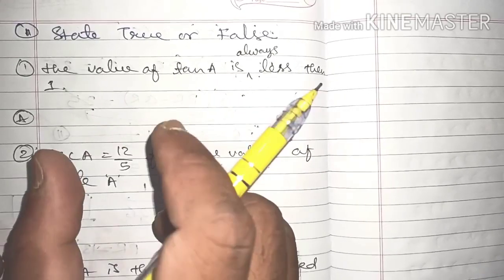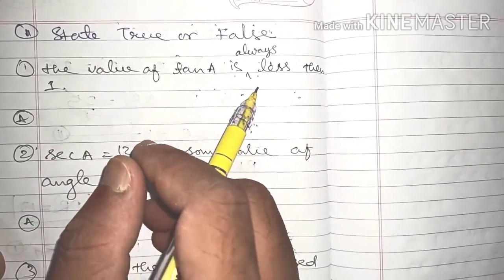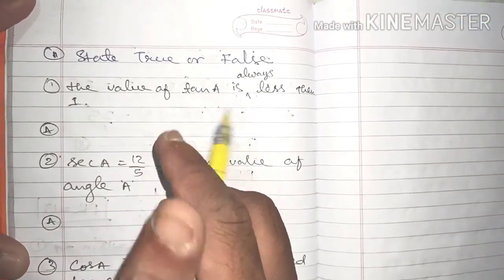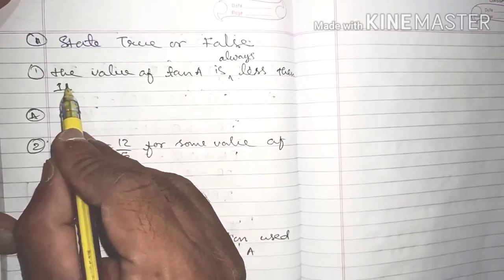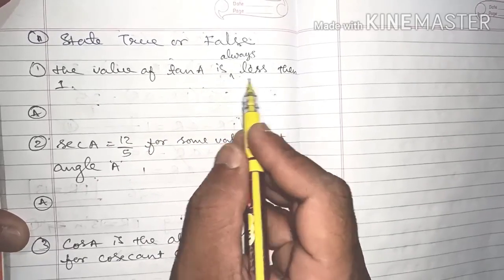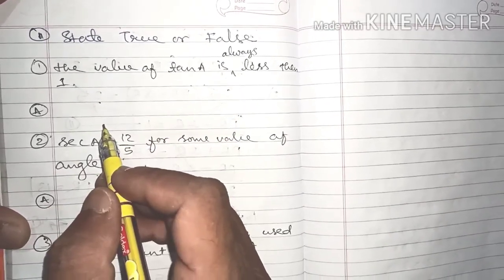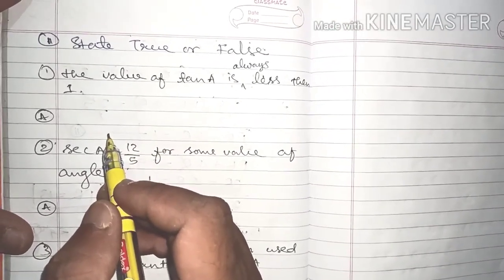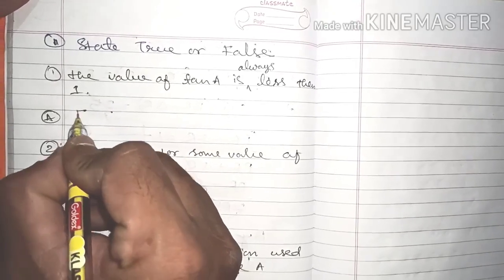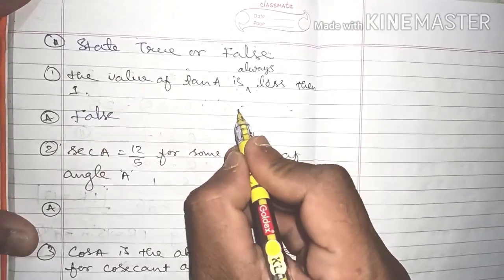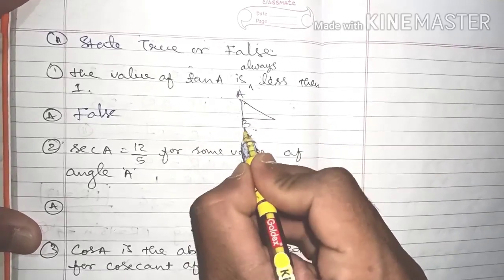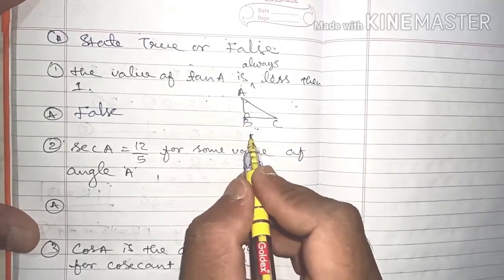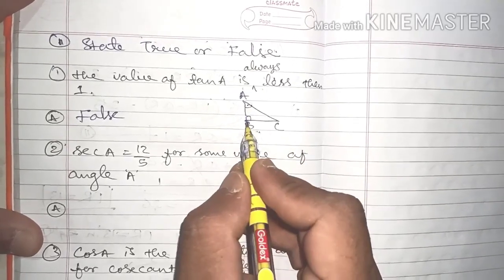But to select the correct value, we should know a little basic knowledge about this chapter. The first question is asking: the value of tan A is always less than 1. Is it true or false? It is false because the sides of a right angle triangle can be anything.